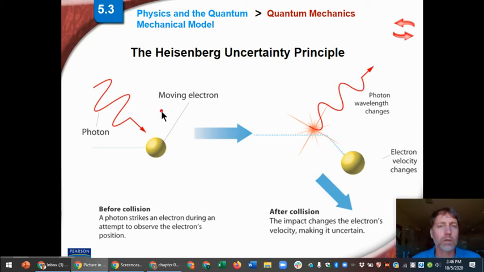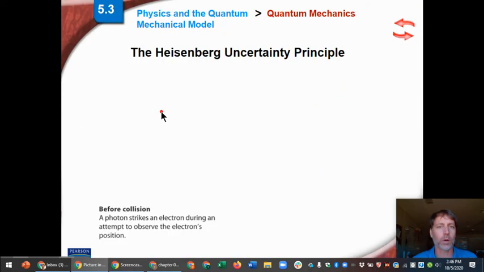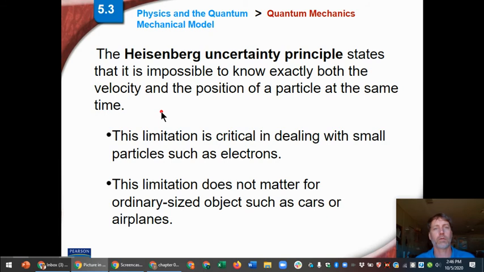So this is the uncertainty. This is the main point I want you to understand from the Heisenberg uncertainty principle. There's a lot involved with this, and with all that we've done in this chapter, but the point is that you don't know where an electron is and its speed at the same time.